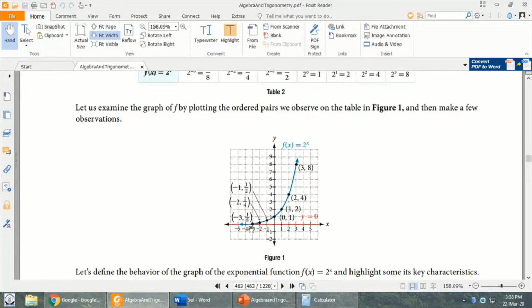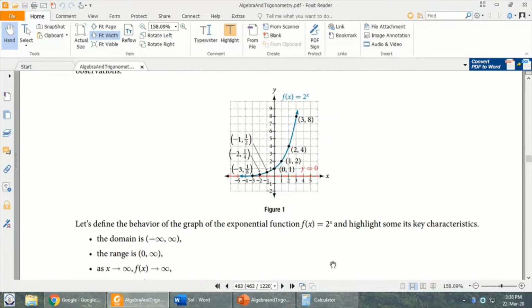As you can see, this graph is approaching 0, but it is not exactly touching the main horizontal line. Why? Because we have a base of 2. So anything raised to the base of 2 means that this value cannot be equal to 0.